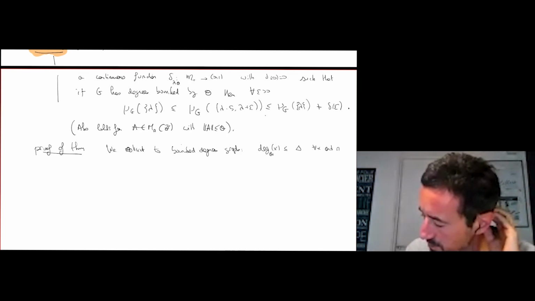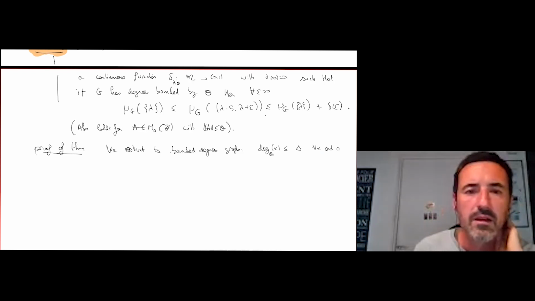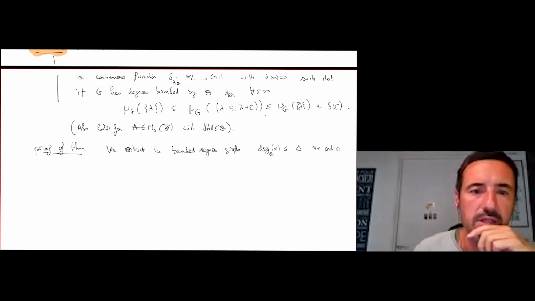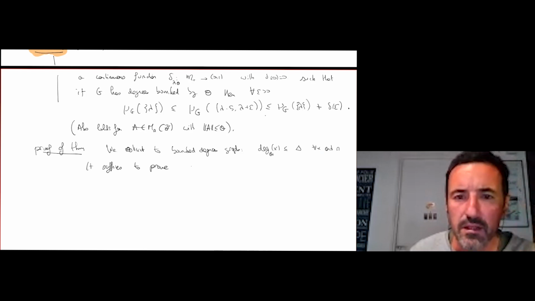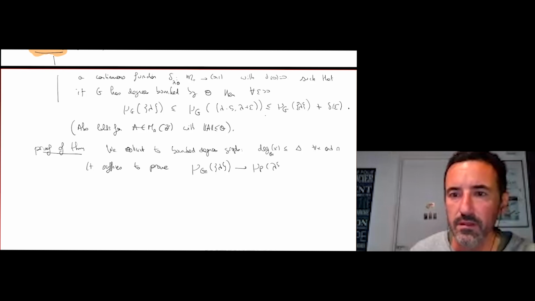It's not interesting. From the fact that I mentioned, it suffices to prove the convergence of atoms, because we already know this. So it suffices to prove that mu of G_n of lambda converges to mu rho of lambda.